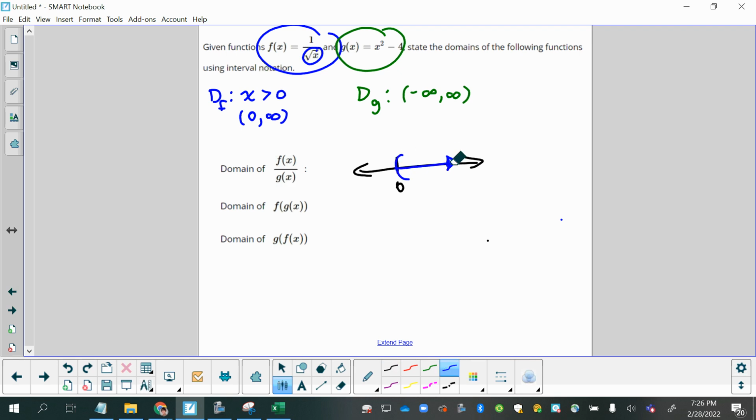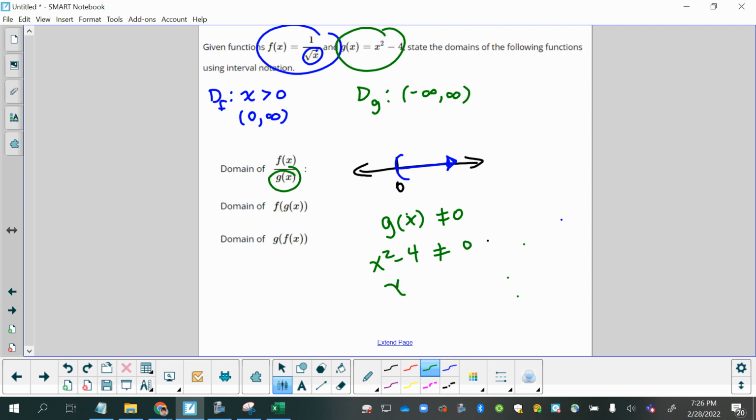Okay. Now, from that, we may have to restrict a few values, because we have to look out for g of x and make sure that it will never equal 0. So then how do we ensure that? Well, we can take the function x squared minus 4 and say it's not equal to 0 and solve for x.